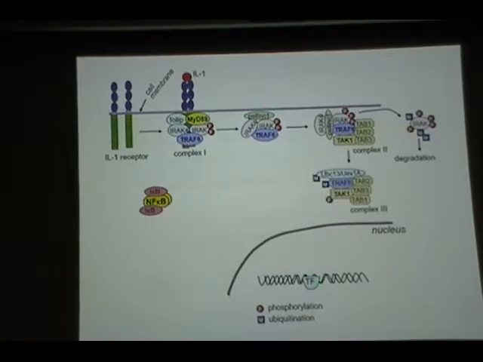Then complex 2 will interact with more proteins, migrating from the cell membrane into the cytosol, where they get phosphorylated and recruited by other key kinases. One key kinase here is called TAK1, TGF-beta activated kinase 1. It gets phosphorylated in complex 3. And this is a key event for activation of the whole NF-kappa B pathway.